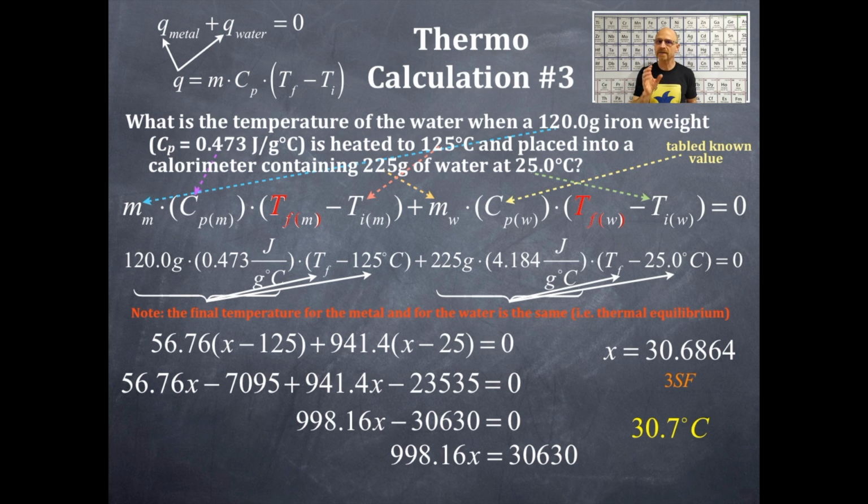However, to refine this a little bit more, you need to understand that the product of the mass of the water and the specific heat is greater than the product of the mass and specific heat of the metal. Therefore, the final temperature will be closest to the greater product, which is the mass and specific heat product of the water and not the metal. So that's why that number is closer to the 25 and not to the 125.